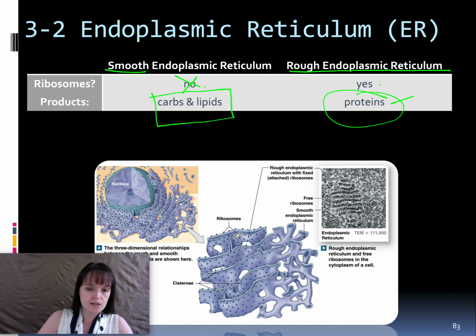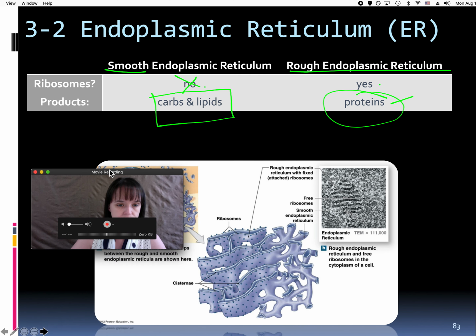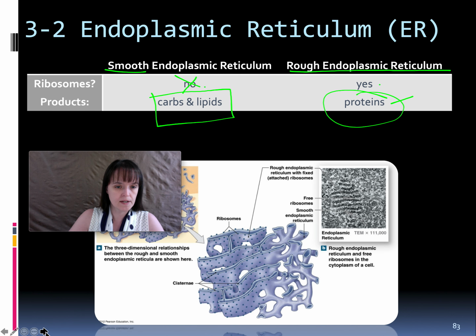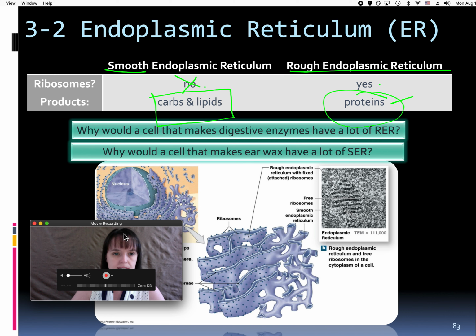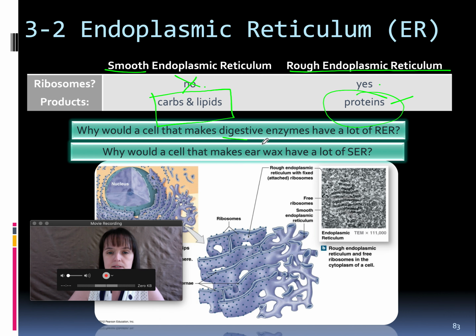All right. So when these products are made, they are packaged up into transport vesicles. Oh, we have questions. All right. Why would a cell that makes digestive enzymes have a lot of RER?